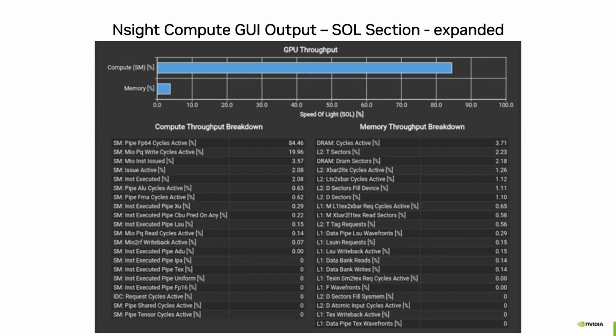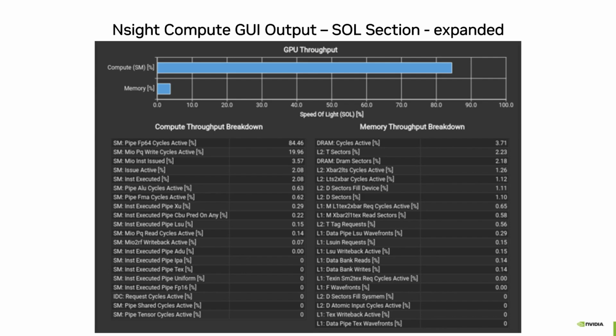Moving on, the remaining section area has detailed metrics organized into two columns or categories. Up to this point, the characterization provided in this section has largely been to indicate a comparison between compute throughput or utilization and memory throughput or utilization. The remaining columns of metrics further subdivide and characterize each of these two categories.